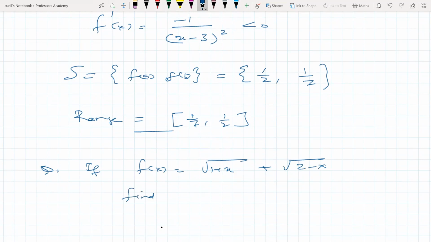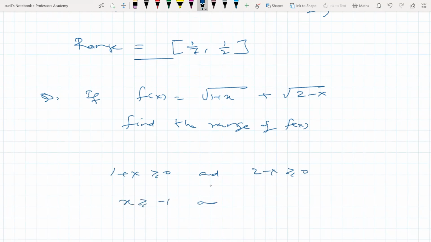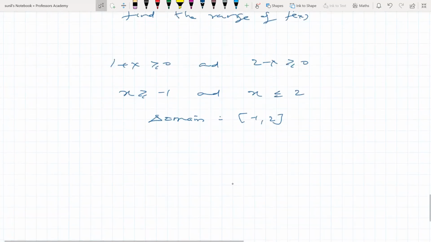We want to find the domain, then find the range of f(x). Since 1 plus x is inside the square root, it must be positive, and 2 minus x is also inside the root. So x is greater than minus 1, and x should be less than 2. So the domain of this function is minus 1 to 2.